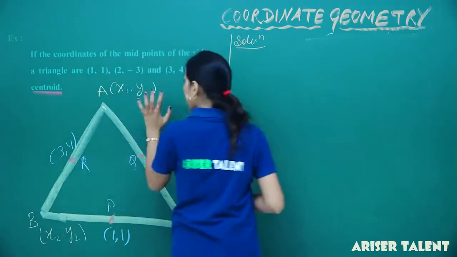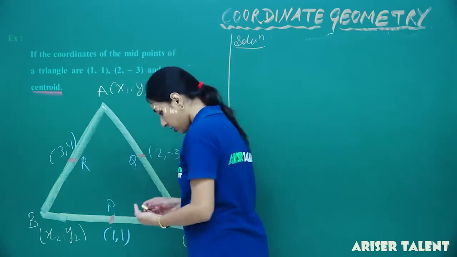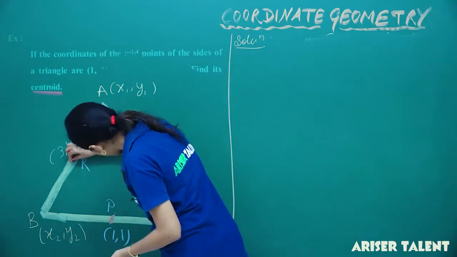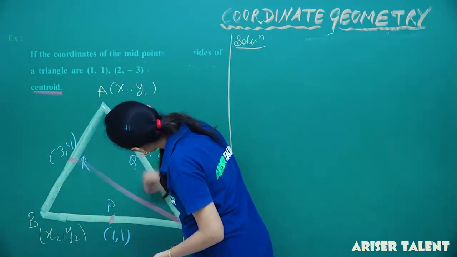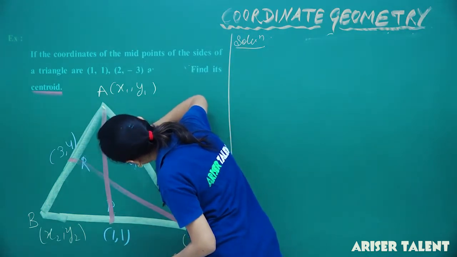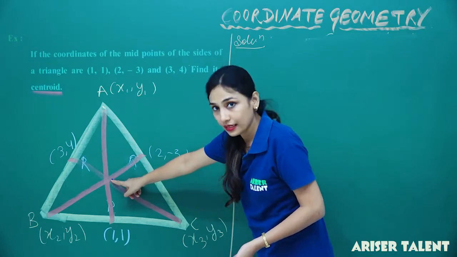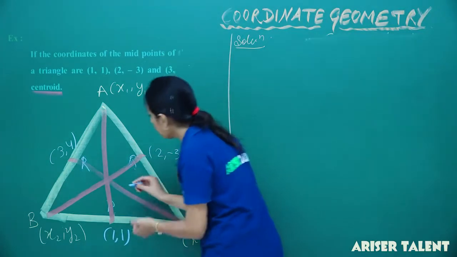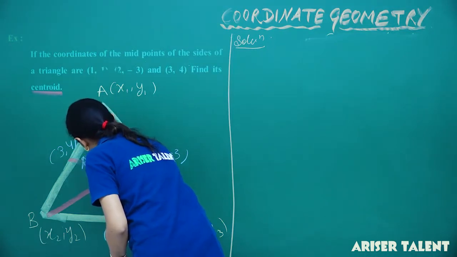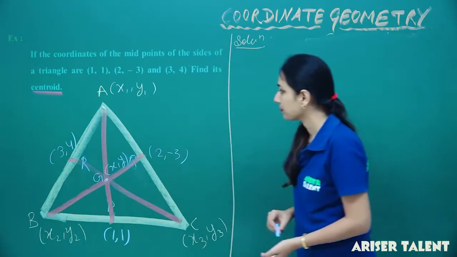Okay. Now, I have it clear in my mind that we need the centroid's coordinates. Just let me first create a centroid. So, this is my centroid, and the coordinates of this centroid, let's suppose G, are (x, y).